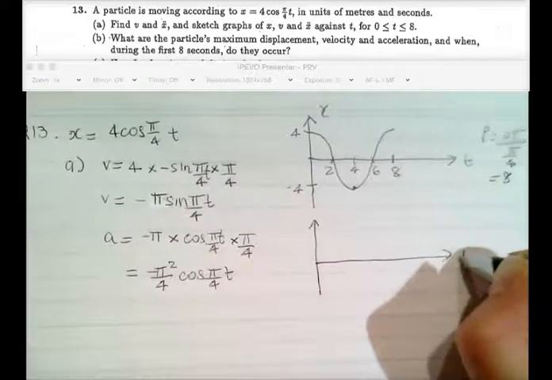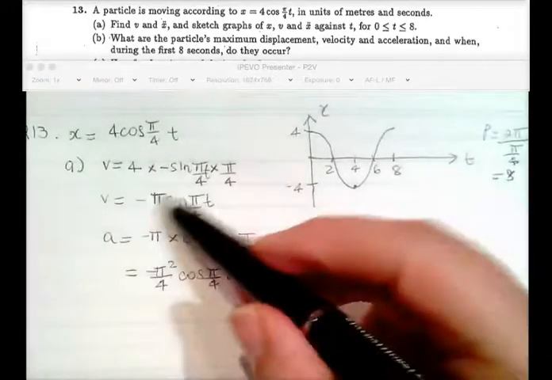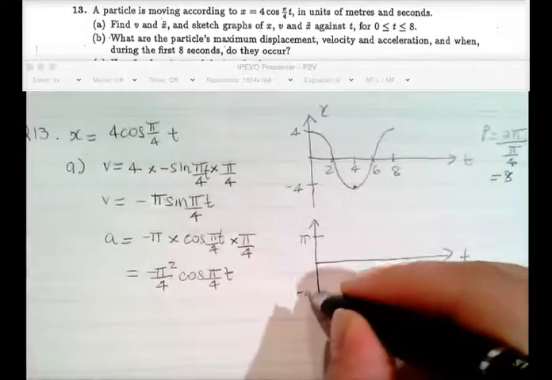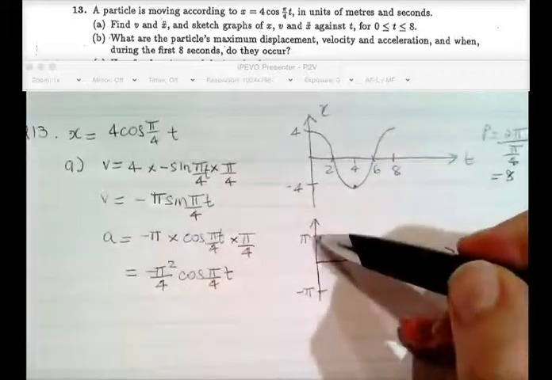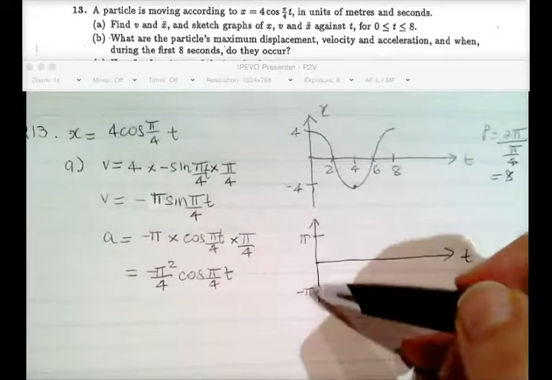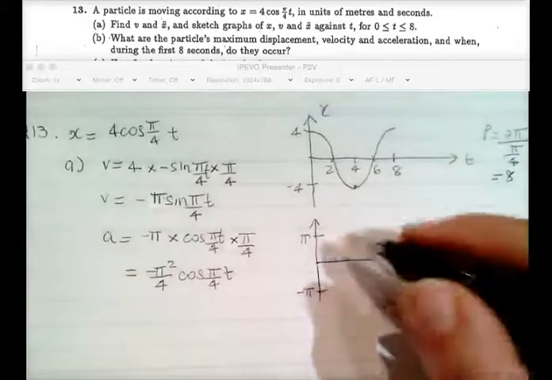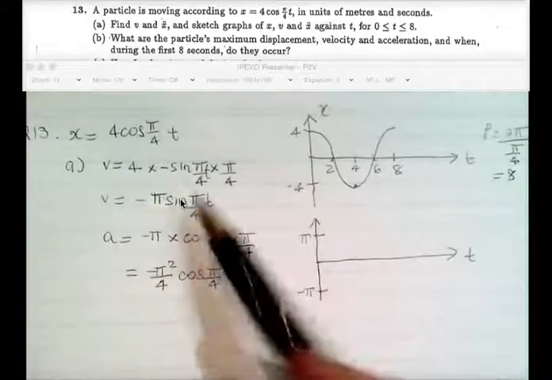So that's your sketch of your displacement versus time for the first 8 seconds. Now for the velocity. Now the amplitude is pi, in terms of 3.14, negative 3.14. Again, the period is the same, it's 8 seconds, and you can see it's a negative sine curve.